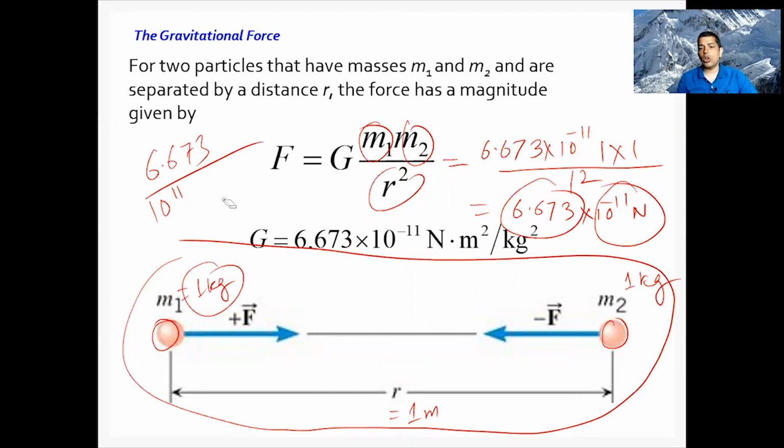Which is a very small number. That's why, even though there is a force of attraction, it is so small that we don't see it, meaning practically that force is zero. But in theory, there is a force of attraction between them. Okay, so when the masses are big enough, like moon and earth, then you can definitely see the force of attraction, right?